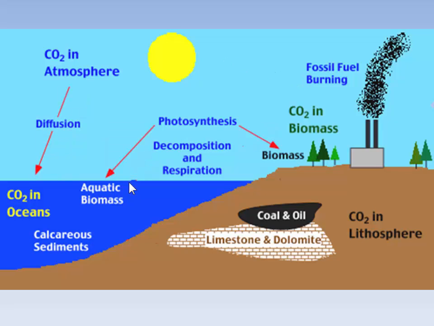Carbon leaves the atmosphere by carbon dioxide diffusing from the atmosphere into the ocean. So there's two-way diffusion going on here. Carbon dioxide leaves the atmosphere through the process of photosynthesis, both by aquatic organisms and terrestrial organisms.